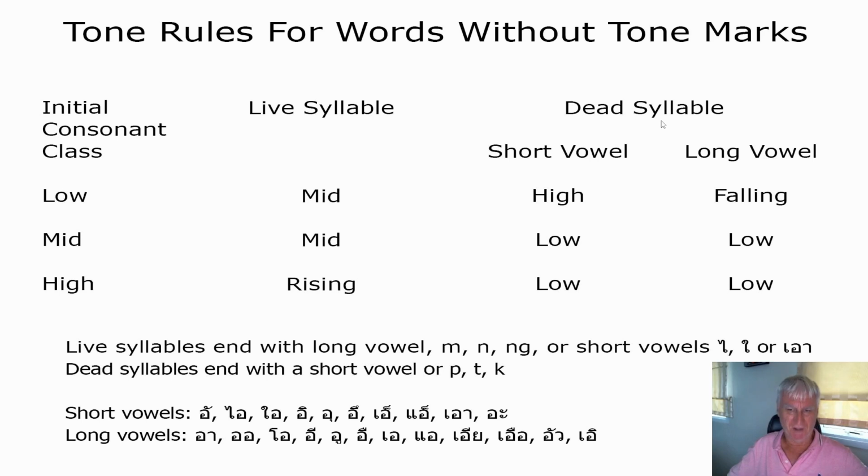If you've got a dead syllable, it's going to be low tone unless it starts with a low-class consonant. And if it does, you need to work out whether the vowel is short or long. For a short vowel, it will have a high tone, and for a long vowel, it will have a falling tone.